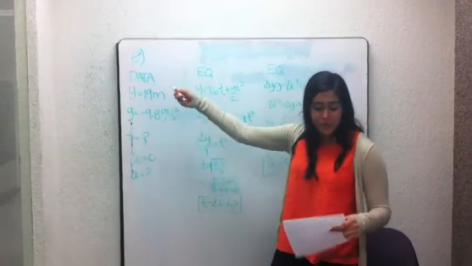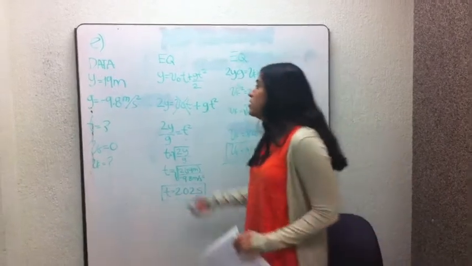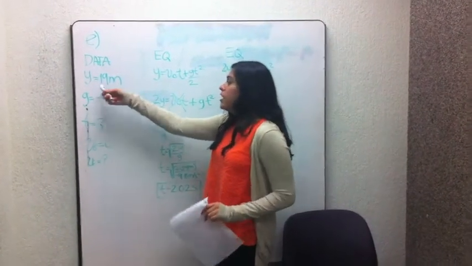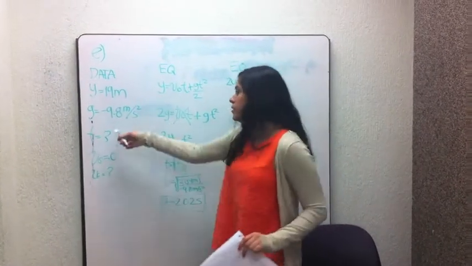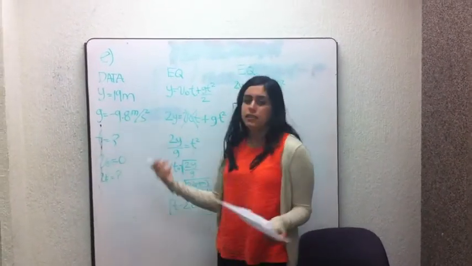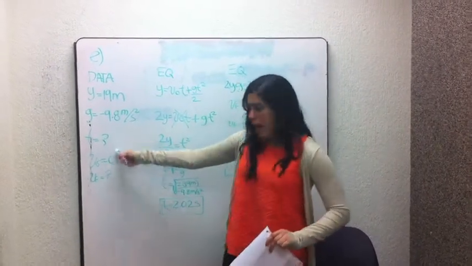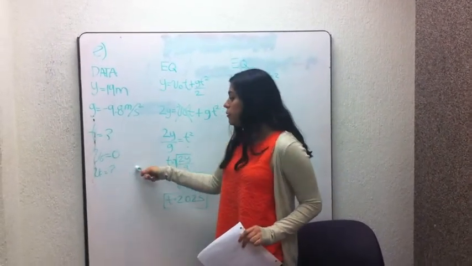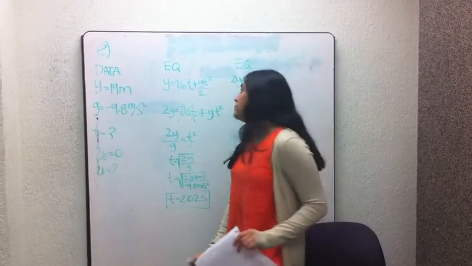For letter E, we need to find the velocity of the book when Mike catches it 1 meter from the ground. So our data is y equals 19 meters, because he catches it 1 meter from the ground, and our gravity is minus 9.8 meters per second squared. We don't know the time, the initial velocity equals 0, and we need to find the final velocity.